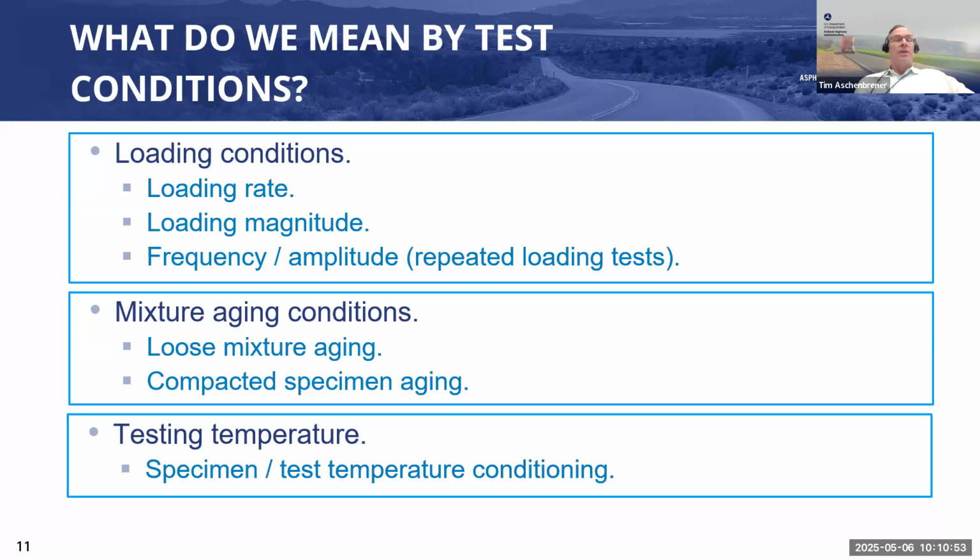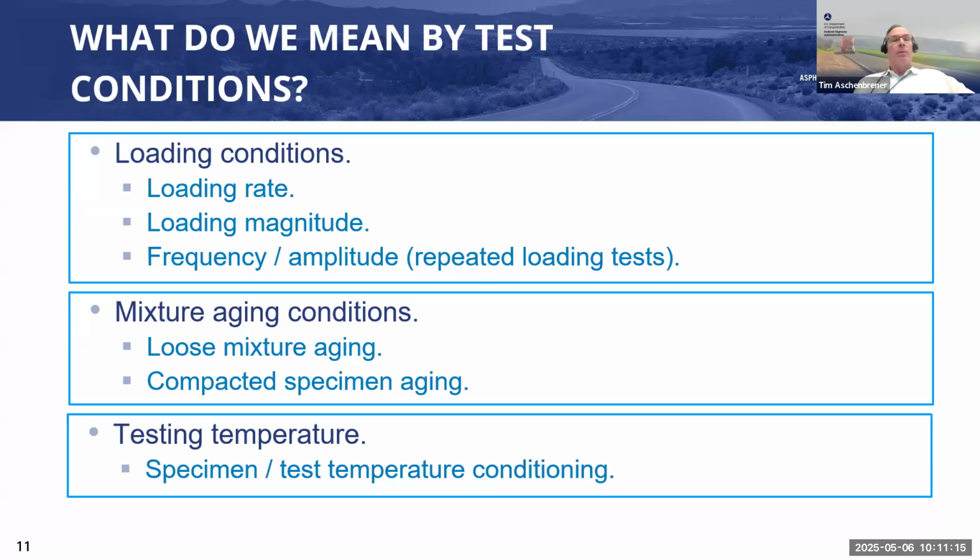The loading rate, sometimes it's 0.2 of an inch per minute, sometimes it's 2 inches per minute. Whatever that test procedure calls for is an example of the loading rate. Those are monotonically loaded specimens. There's also frequency and amplitude in cyclic tests.